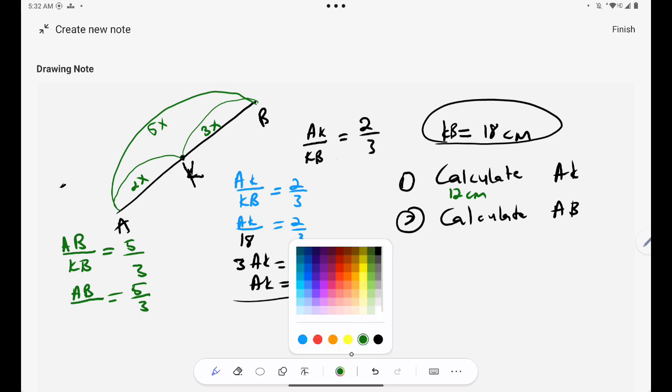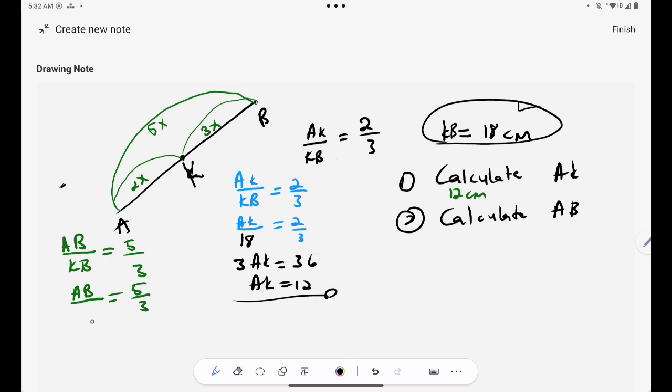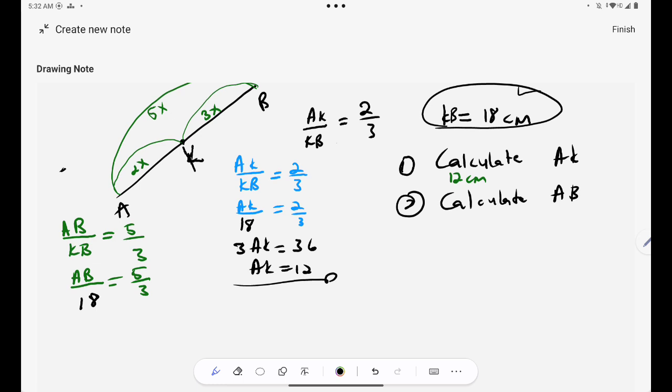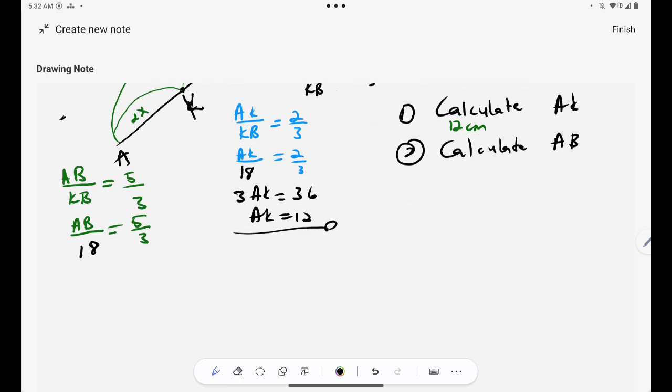KB was given to me as what? As 18 there. As 18, right? So all I need to do is to cross multiply here. I'll have 3 times AB equaling 18 multiplied by 5.